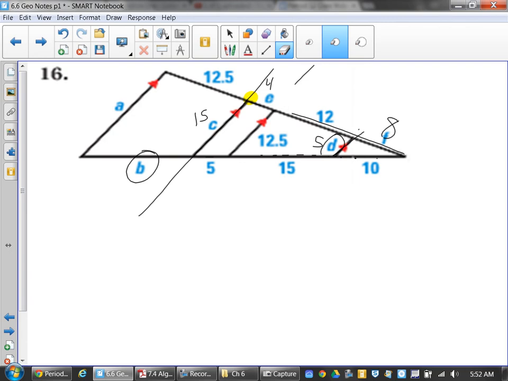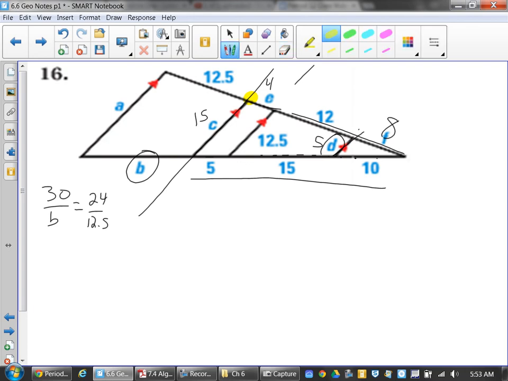So I have 30 is to B, 30 came from here, as 24 is to 12.5. Now I'm sick, you can figure that out. And then the last problem would be to, once you figure out what B is, to do this whole side is to A, as 10 is to 5. And that's how it works.